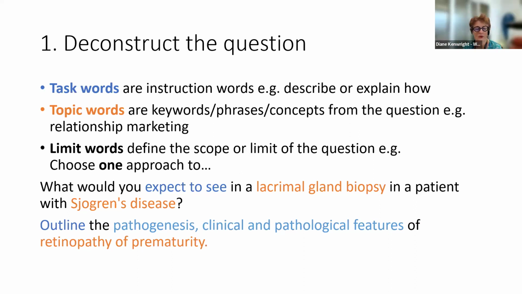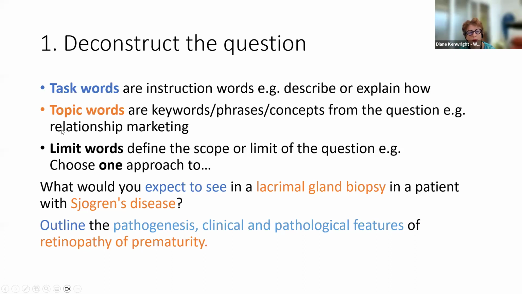So here's a question. What would you expect to see in a lacrimal gland biopsy in a patient with Sjogren's disease? And then there's a second part of the question, but we'll do this one here. Each of them has a task word, right?